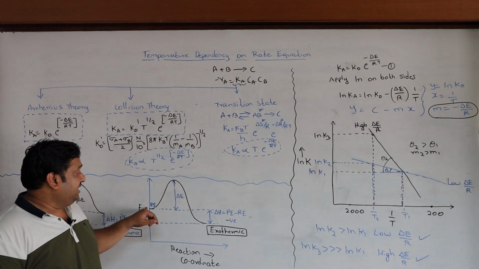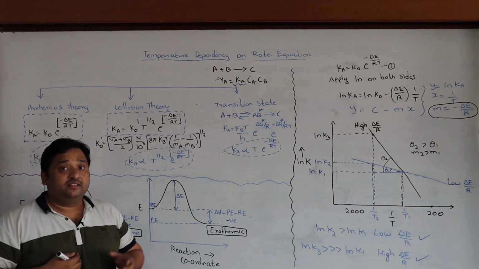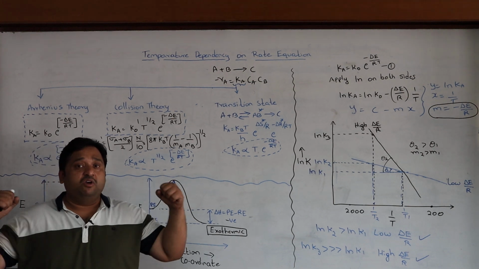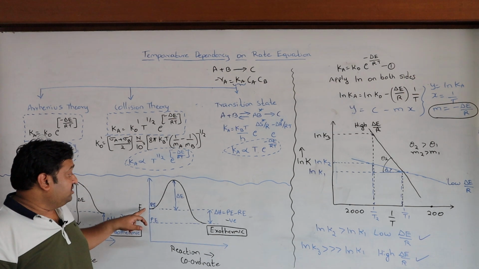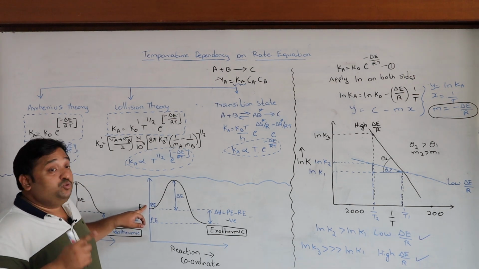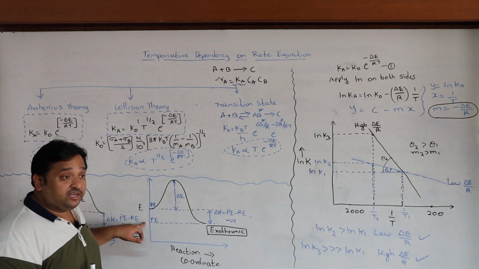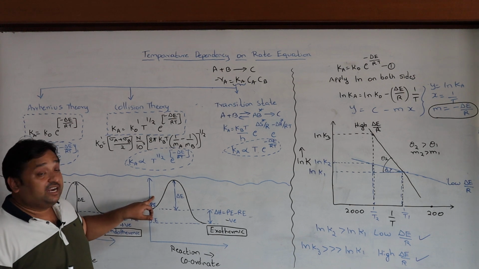Because the reactant energy is at the upper level and the product energy at the lower level, the reactants always have large energy compared to the products. Because of this reaction, reactants lose some energy to form the products. The difference, delta H, is nothing but product energy minus reactants energy.